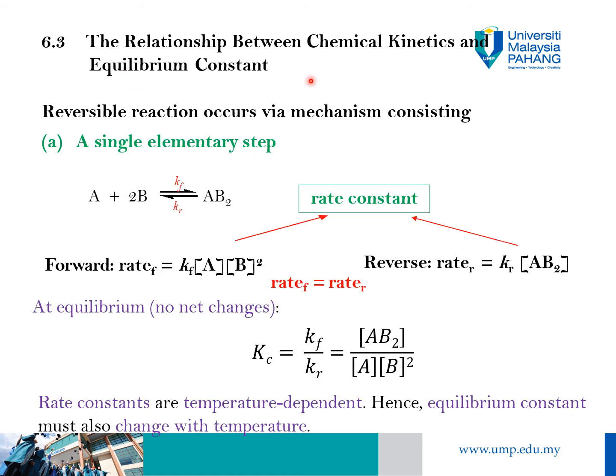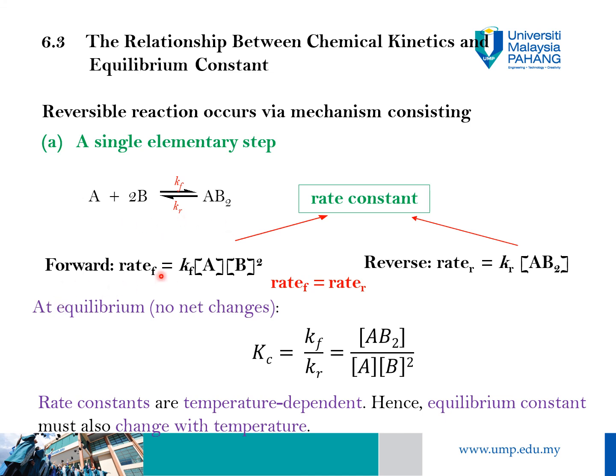What is the relationship between chemical kinetics and equilibrium constants? Reversible reactions occur via a mechanism consisting of a single elementary step. For example, the reaction between 1 mole A and 2 moles B producing AB2.